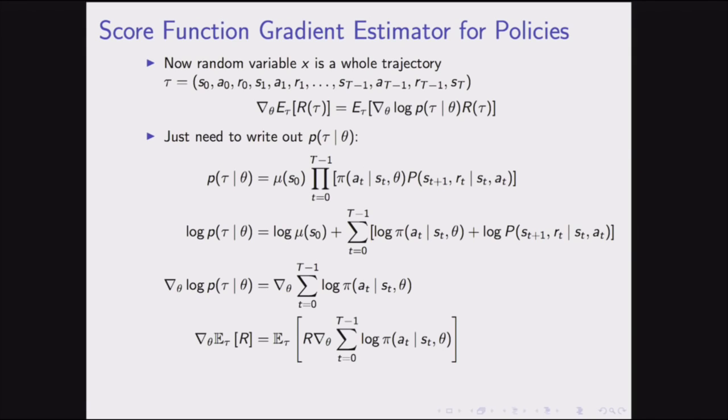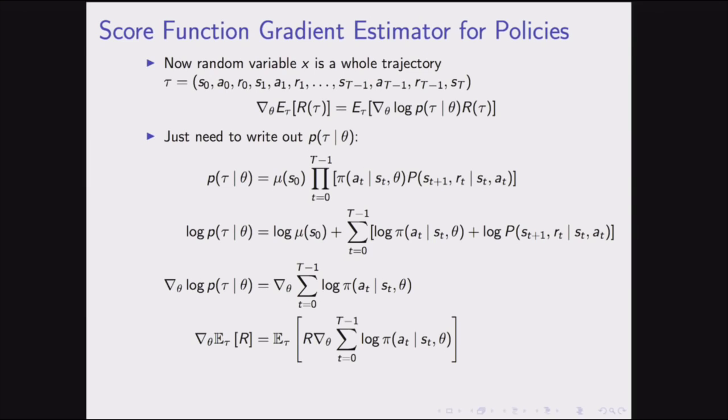So since this product turns into a sum, all the pieces like the log p there and the log mu, which we don't know, just drop out. So it doesn't matter. What we get in the end is a sum of log probabilities of actions. So grad log pi of action given state.